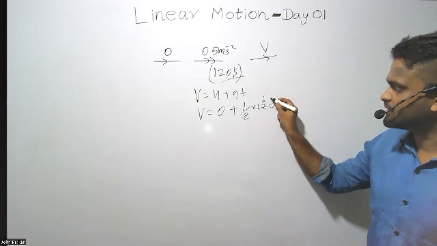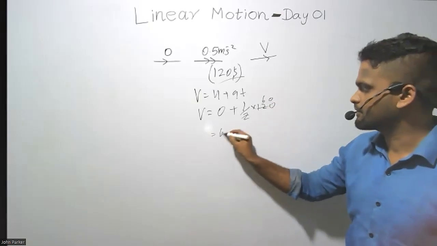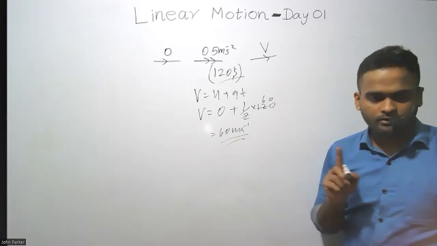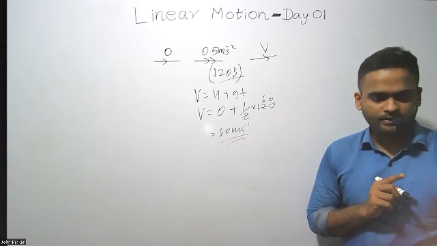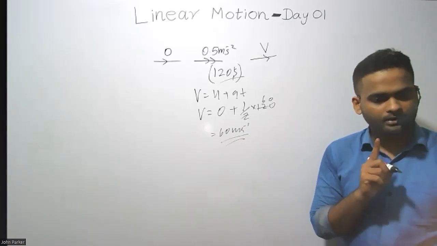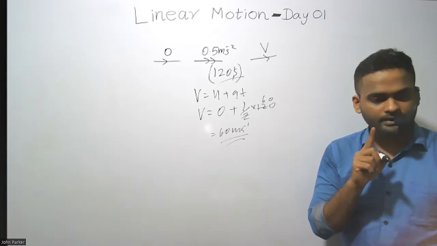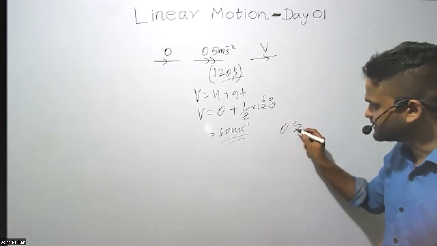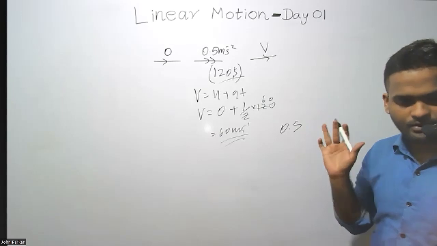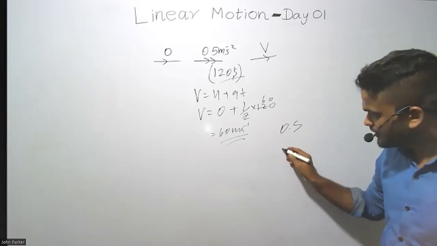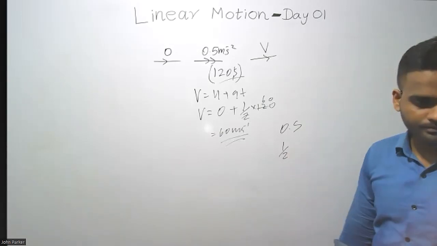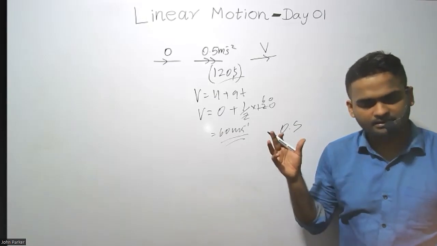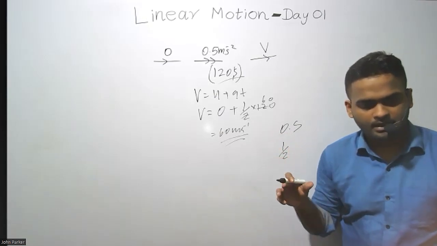So cancel this one, you get 60. Follow these simplification methods as well, right? So whenever you get 0.5, always substitute half. Whenever you see 0.5, don't just write 0.5. Put it as 1 over 2.